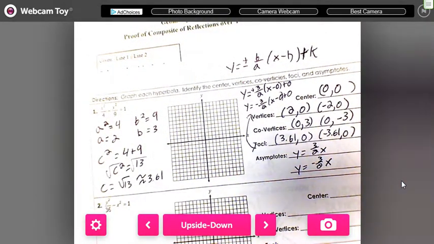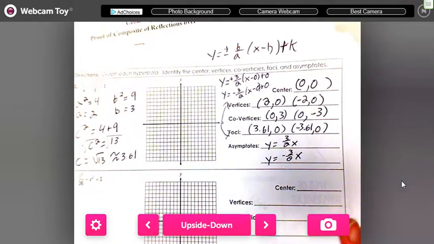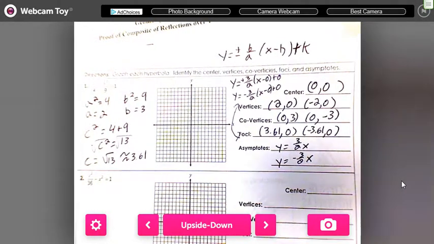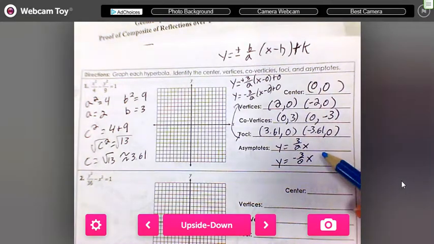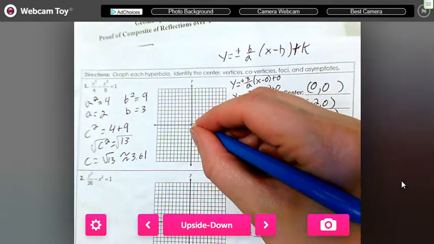All right, I like to start with graphing my asymptotes first. This is just like graphing any straight line. There's nothing being added or subtracted to it, so I know my y-intercept is at 0.